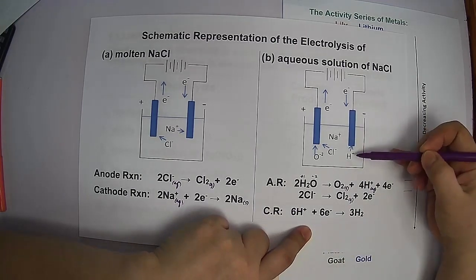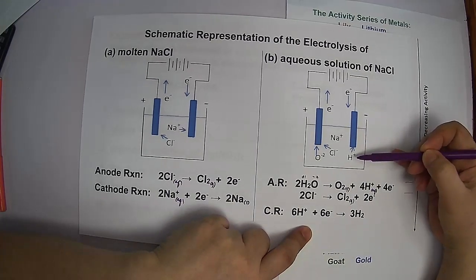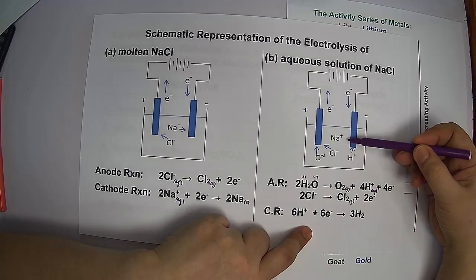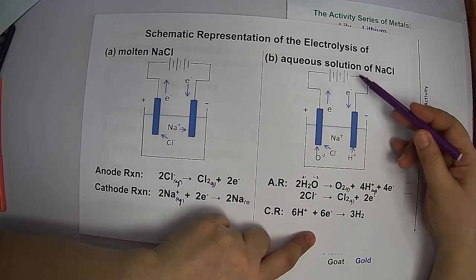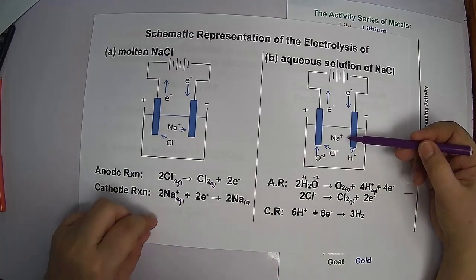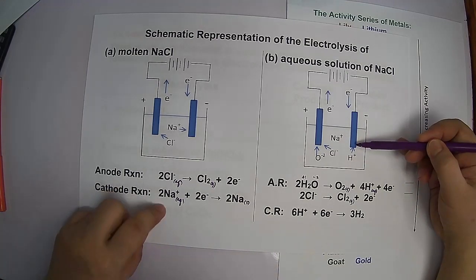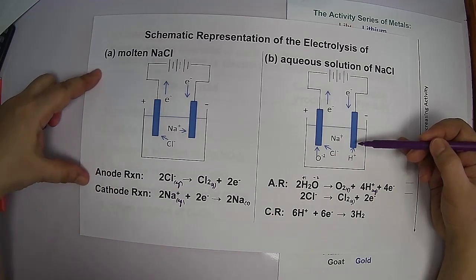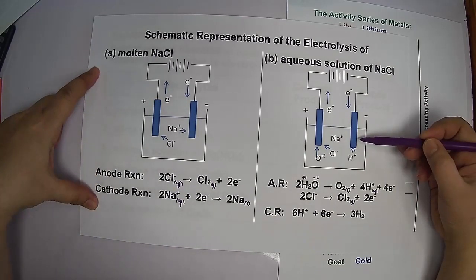Since hydrogen is present, also a cation in the electrolyte because we have an aqueous solution, it is not sodium that will be deposited here, like what happened in the case of molten sodium chloride.